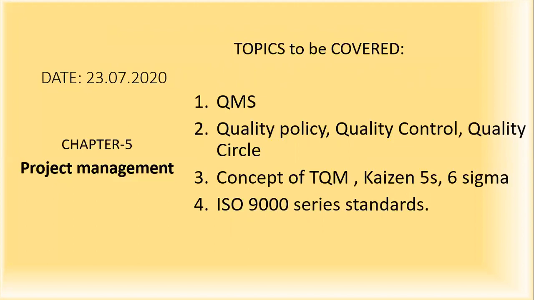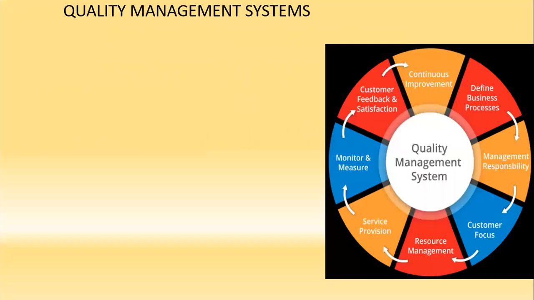Going forward, we'll look at what is QMS first. QMS means Quality Management Systems. In this quality management system, the aim is always continuous improvement, so that better quality products keep on coming.